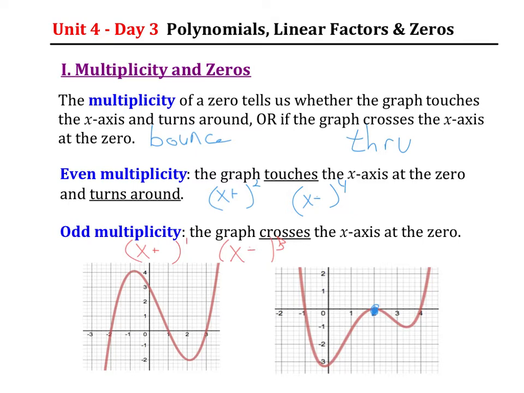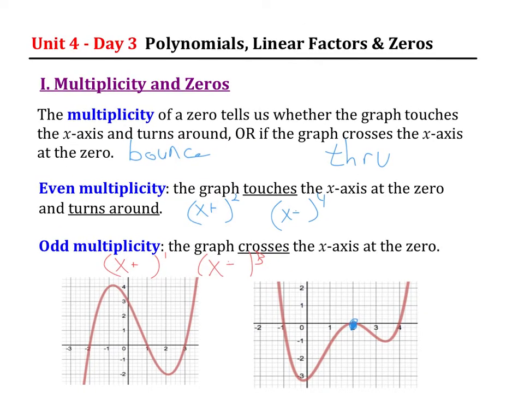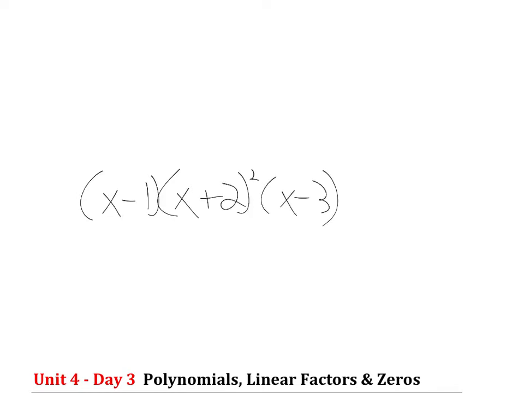Now, some of you might be asking, why is it called multiplicity? Why did we not just call it the exponent? Well, the reason why it's called multiplicity, and I'm just going to make up an example, is if I had a polynomial that may be factored out into x minus 1 times x plus 2 squared and then x minus 3, this x plus 2 squared is really an x plus 2 times another x plus 2.